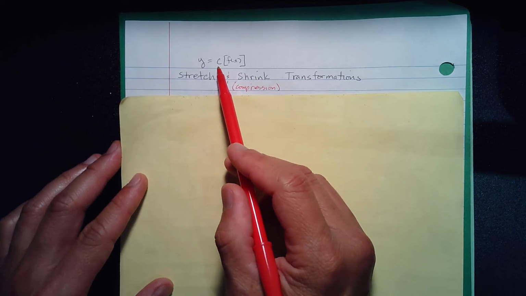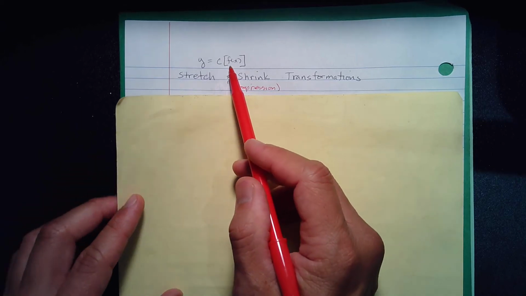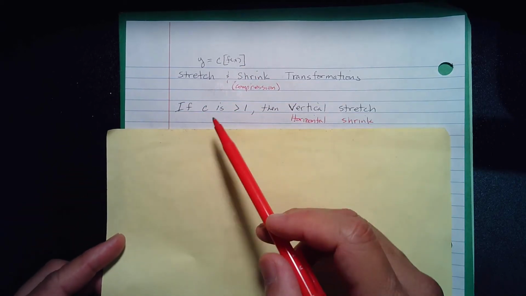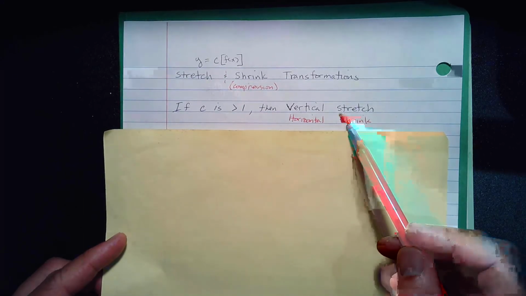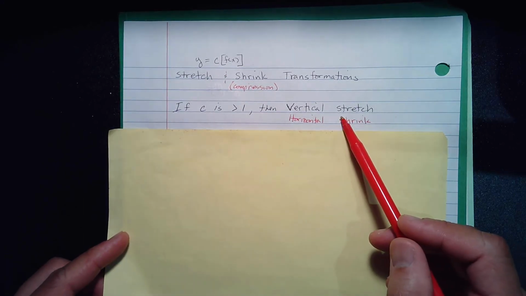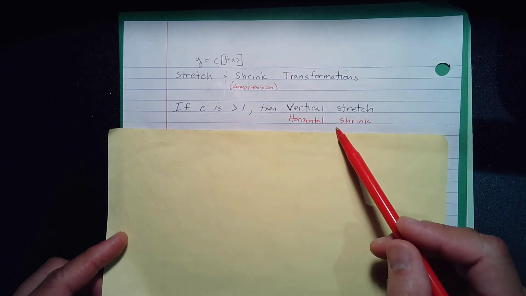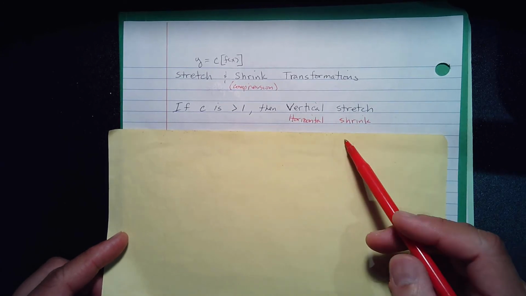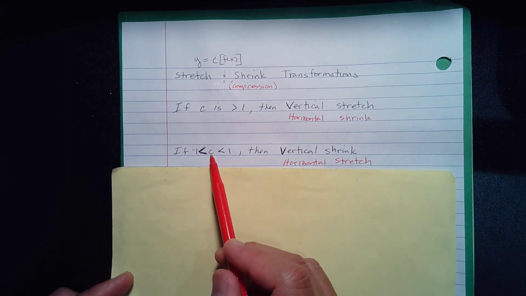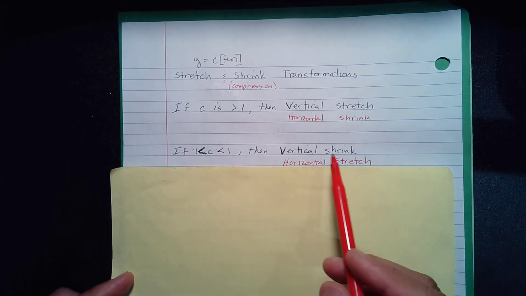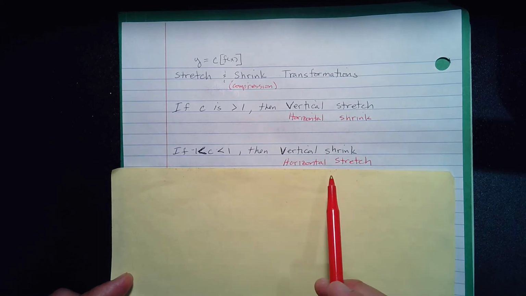So for example, here's the constant times the function. If c, right here, is greater than 1, then what we call is a vertical stretch, and it's also called a horizontal shrink, and I'll give an explanation of that soon. If c is between -1 and 1, then there's a vertical shrink and a horizontal stretch.